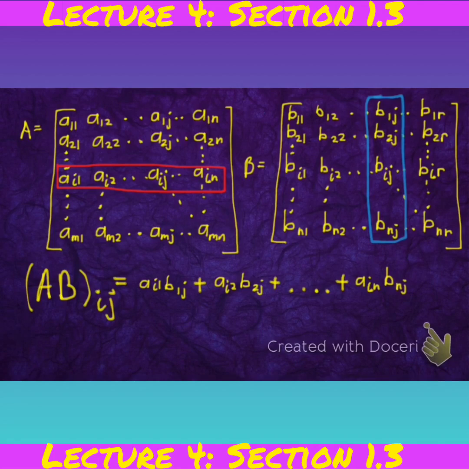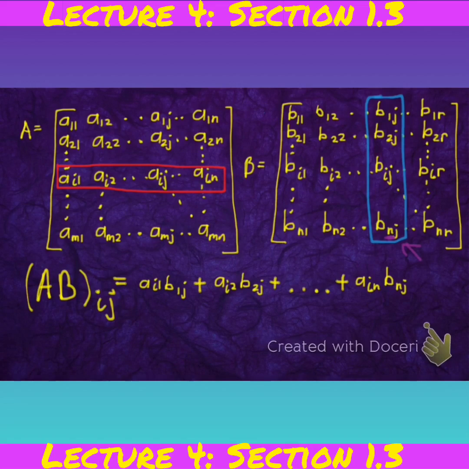Now please note one important thing: if you count the number of entries in the jth column of B, there are n entries. That index indicates the number of entries there.